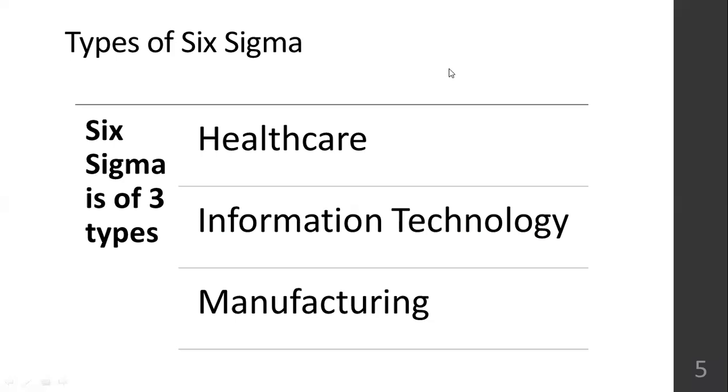In the IT industry, it is also used to find viruses and prevent hacking. In manufacturing, it is used to make the manufacturing process more efficient, to completely utilize resources, and to help with budgeting. In all those areas, Six Sigma is used.